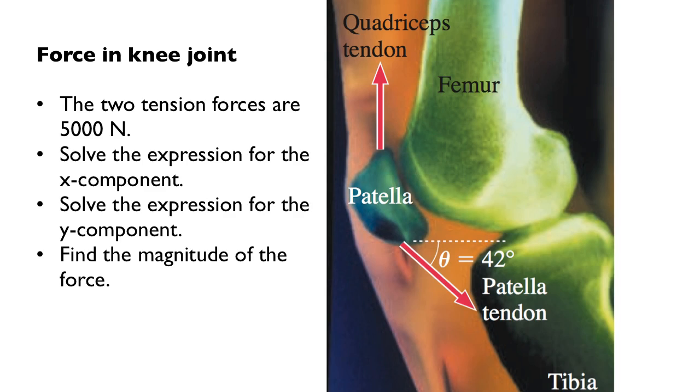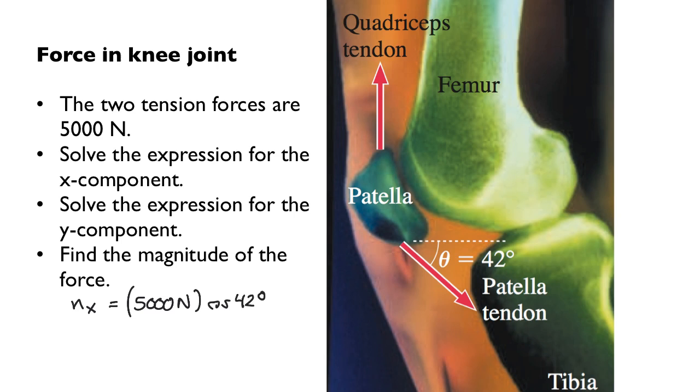Now, the expression for the x component we wrote down was this. We said if the x component force is equal to 0, then nx, which is going to the left, the magnitude has got to be equal to the component going to the right, and that was 5,000 newtons times the cosine of 42.